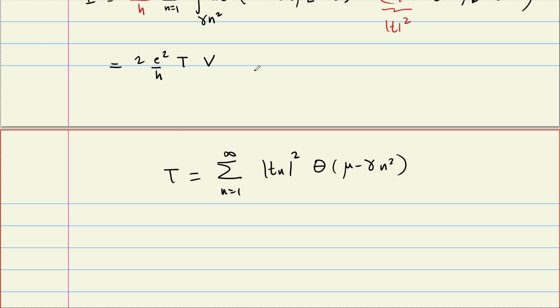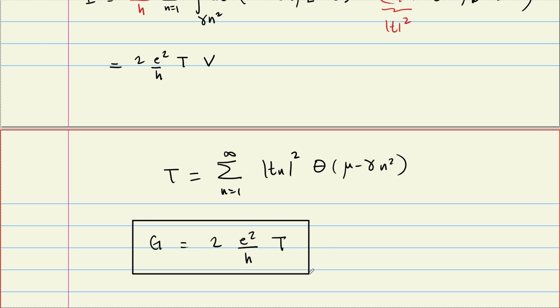And then this formula gives us G as 2e squared over h times T, which is known as the Landauer formula.